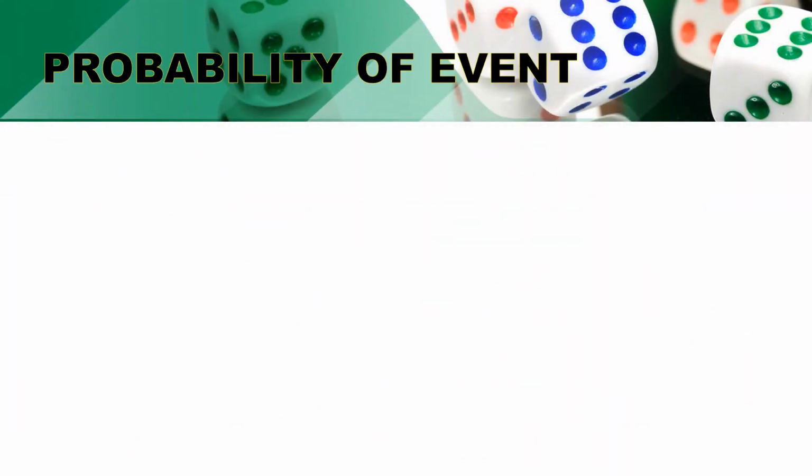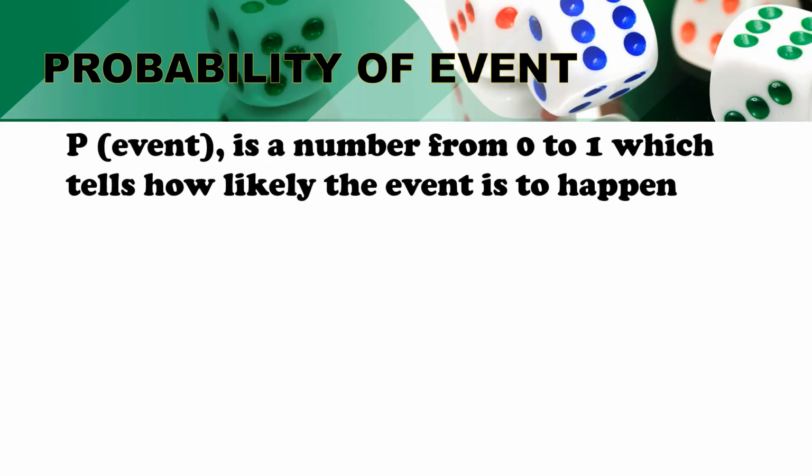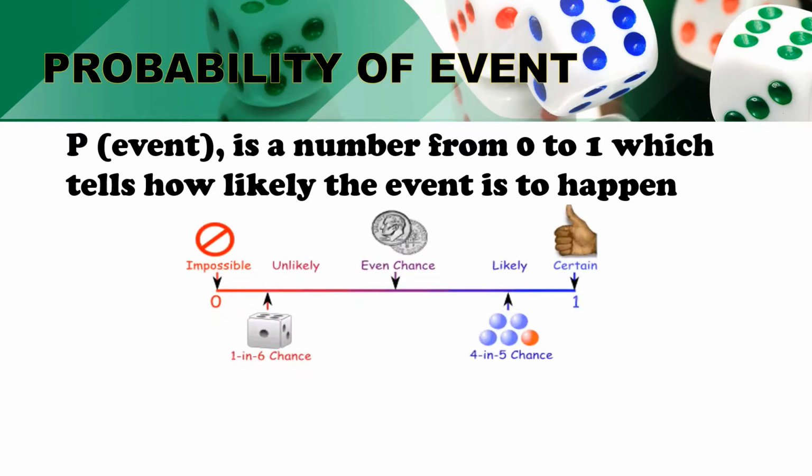Let us first define probability of event. It can be represented by P of event, which is a number from 0 to 1, which tells how likely the event is to happen. So kung titingnan natin sa ating probability line, 0 is an impossible event and 1 is a certain event.